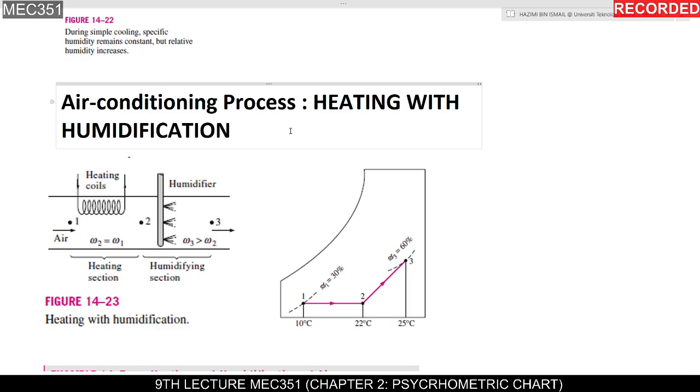So to get the 30% to 60% goals that we want for our thermal comfort, you have to inject or increase the humidity value. So how to inject the water vapor? You can spray the water vapor in the air like this.